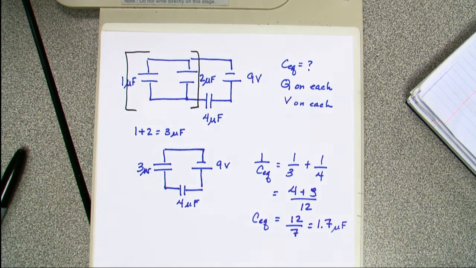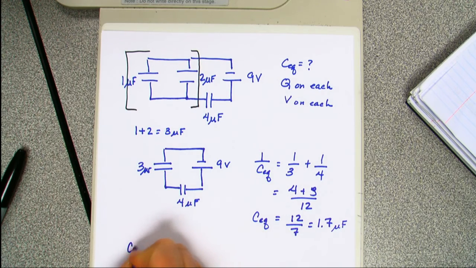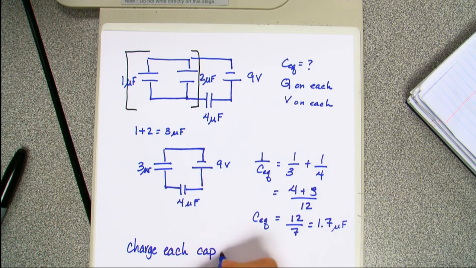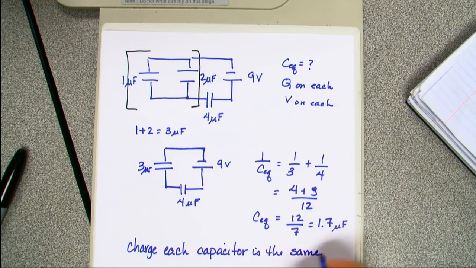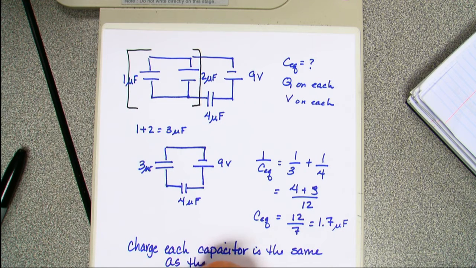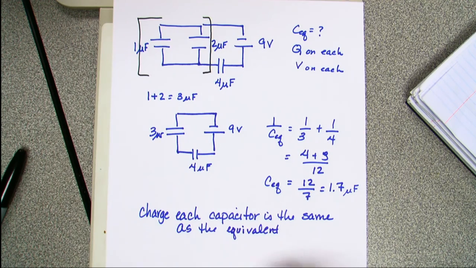Okay, so the charge on each capacitor, I'm going to write it out. The charge on each capacitor is the same as the equivalent. So Q is just going to be CV, but this is CEQ.